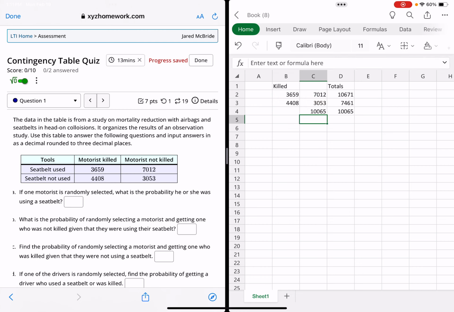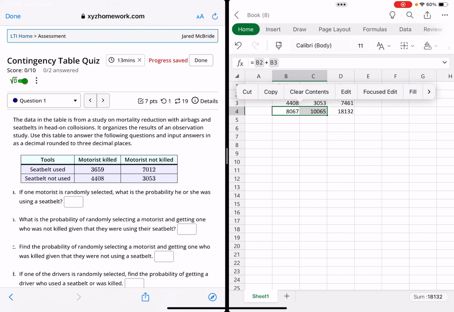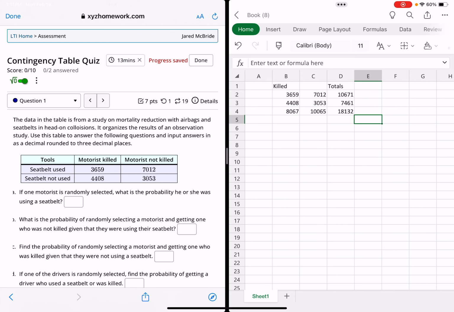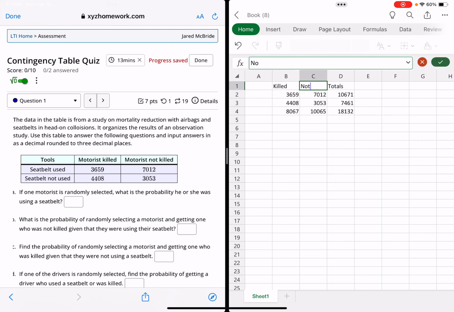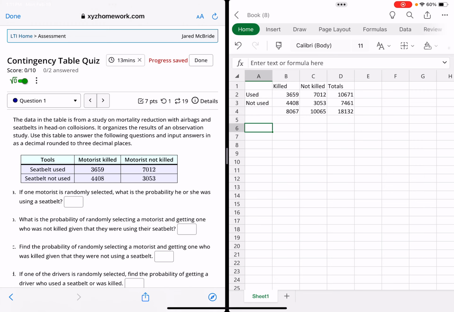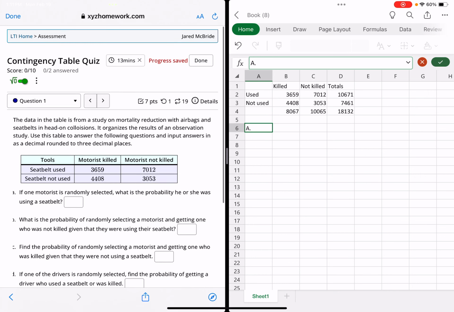Enter, and then fill that way. All right, looks good. Okay, so there's my totals. So this is killed, not killed, used, not used. All right, I think I'm ready.